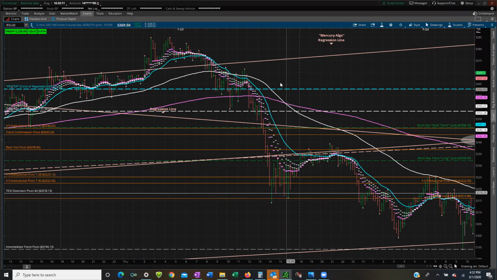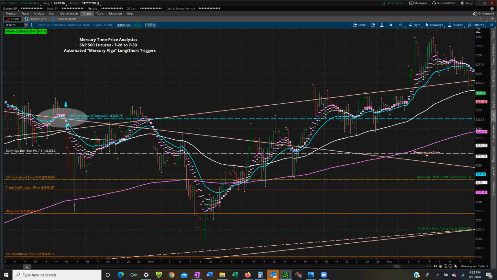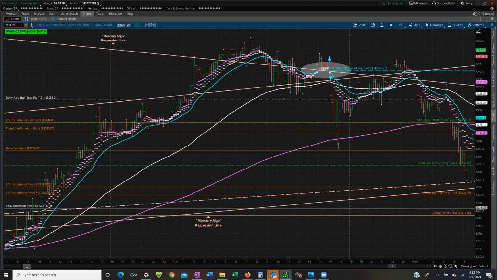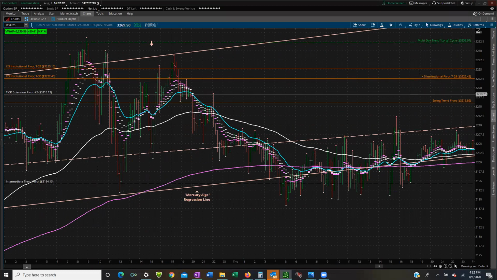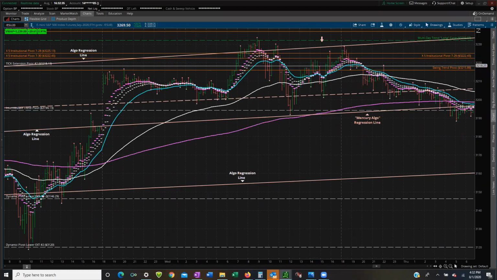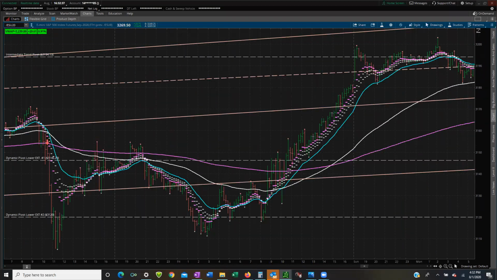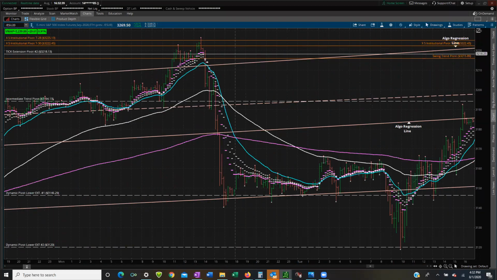Now, with the regression lines, when they're pierced and it goes the other way, you get these powerful reversals. In this case, you came down, came above it, and we're looking at this dashed one, and then down again. But you see how far this thing goes back? I can keep going and going and going. And you see how many times that was the pivotal price level, over and over and over again. It just never ends.